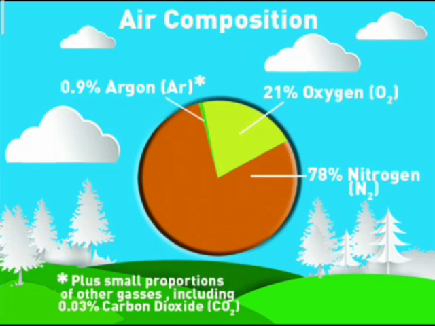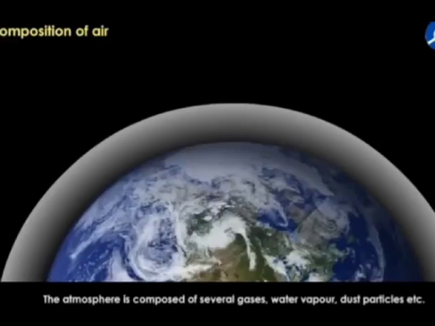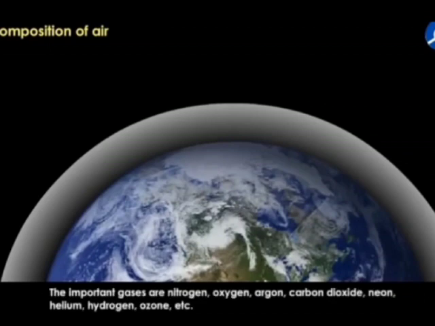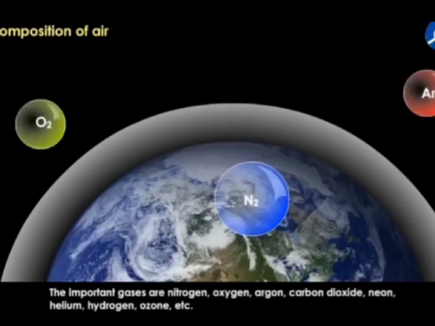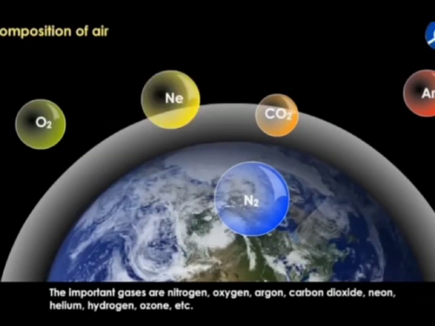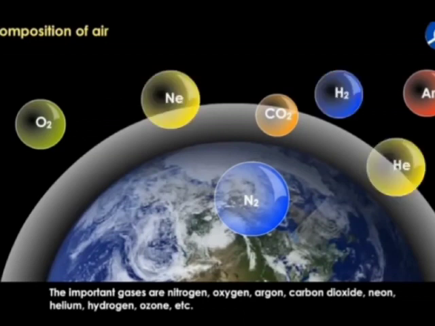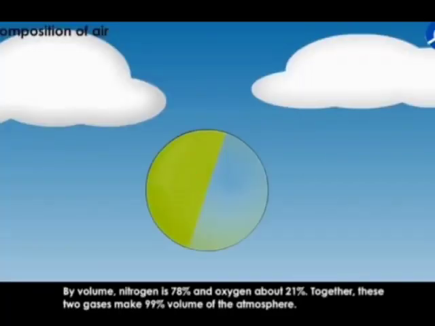Now, let's see the composition of air, the gases present in the air and their percentage. The atmosphere is composed of several gases, water vapor, dust particles, etc. The important gases are nitrogen, oxygen, argon, carbon dioxide, neon, helium, hydrogen, ozone, etc. By volume, nitrogen is 78% and oxygen about 21%.